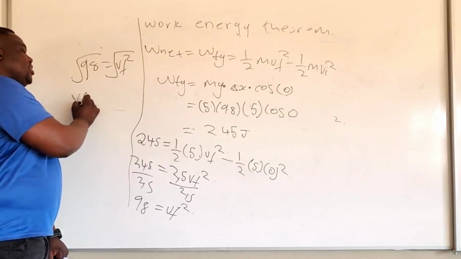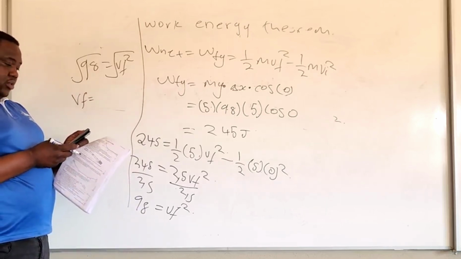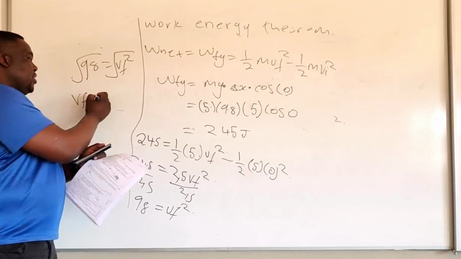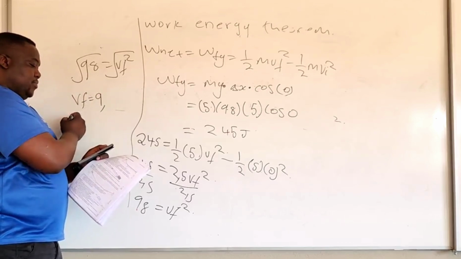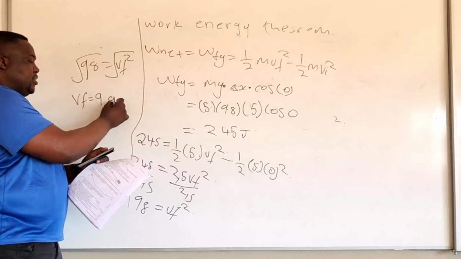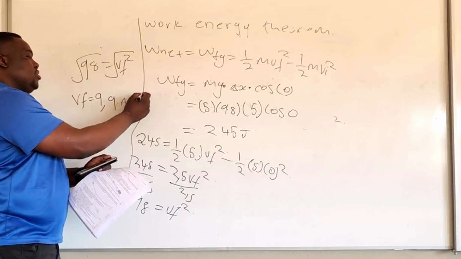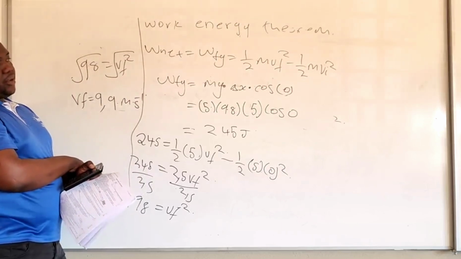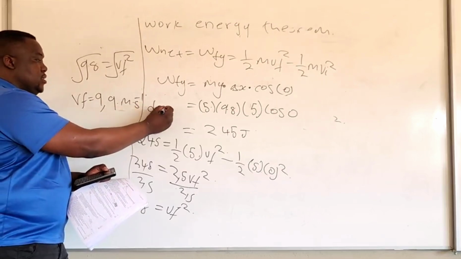So our final velocity is the square root of 98, which gives us 9,9 meters per second, and down.